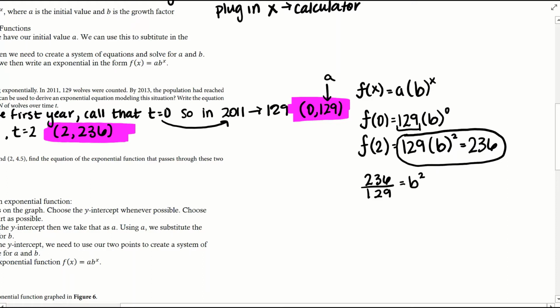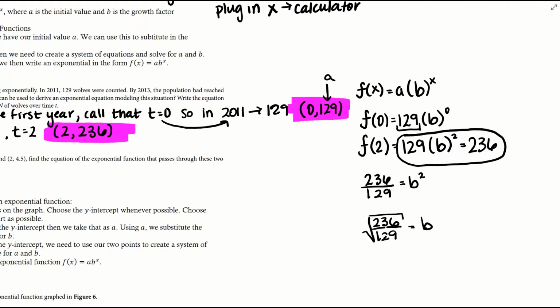So the square root of 236 divided by 129 equals b. And you know what? That just looks so complicated. I'm going to go ahead and request that that be in decimal. That's totally okay.